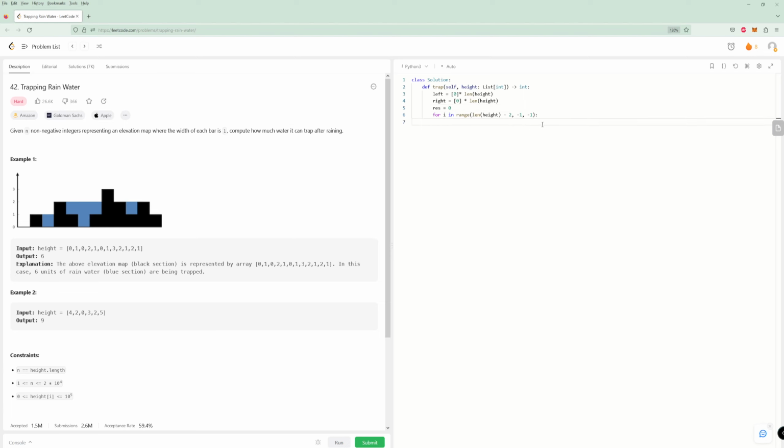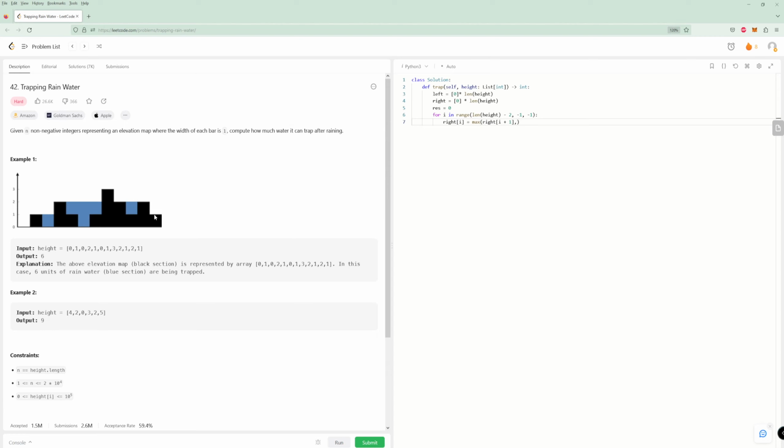Okay, so how do we populate this right array? Well, it's going to be the max, right? So it's pretty straightforward. Right I equals the max of the previous right I, so that's going to be right I plus 1. Let's say we're here. How do we populate this right?